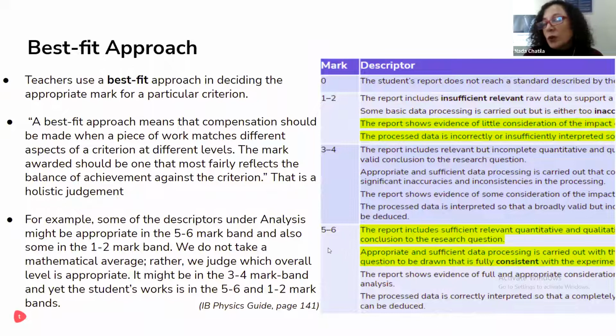Even though the work is in the 1-2 and the 5-6, the overall assessment is best described in the 3-4 performance level. This is what we mean by best fit approach, and this is how we apply it to all criteria.